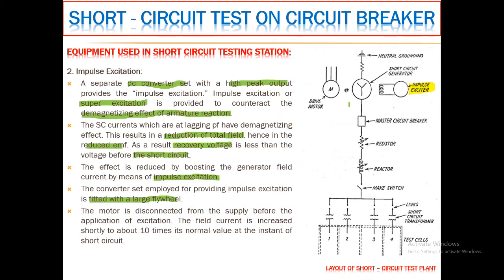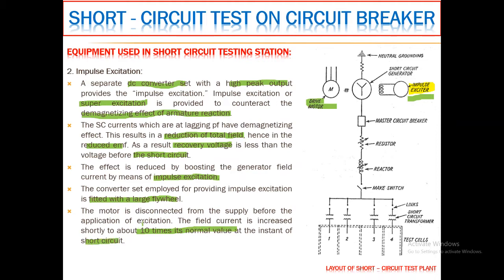Okay, so special care has to be taken while you are switching on the impulse exciter. When you are switching on the impulse exciter, first the test engineer has to disconnect this driving motor, otherwise this impulse excitation may cause harmful damage to the driving mechanism. So the motor is disconnected from the supply before the application of excitation. The field current is increased shortly to about 10 times its normal value at the instant of short circuit.